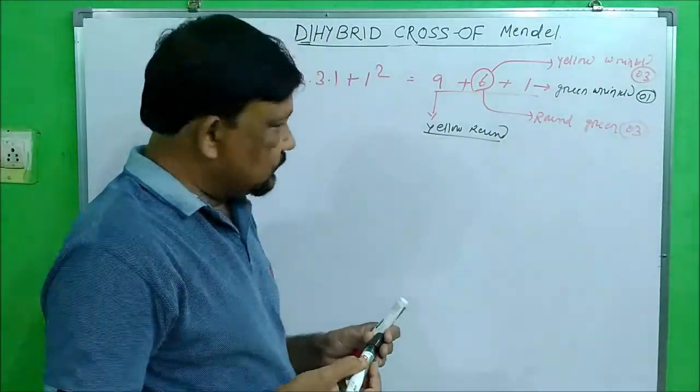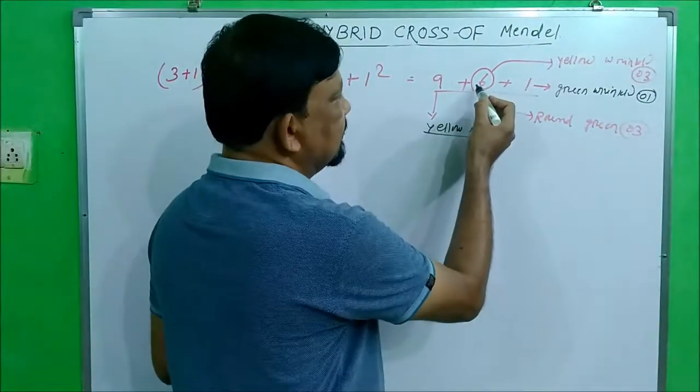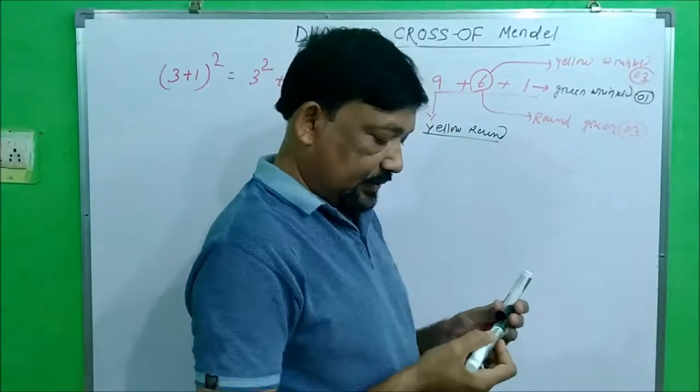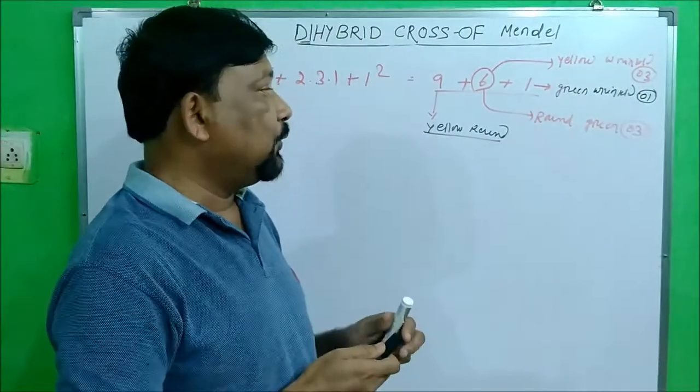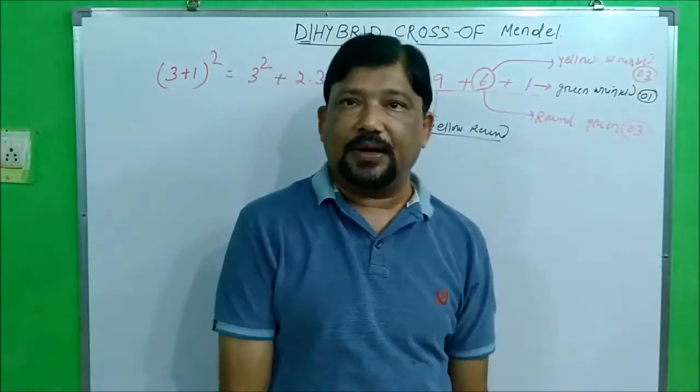So yellow round 9, 6 new combinations, yellow wrinkled 3, round green 3, and green wrinkled 1.